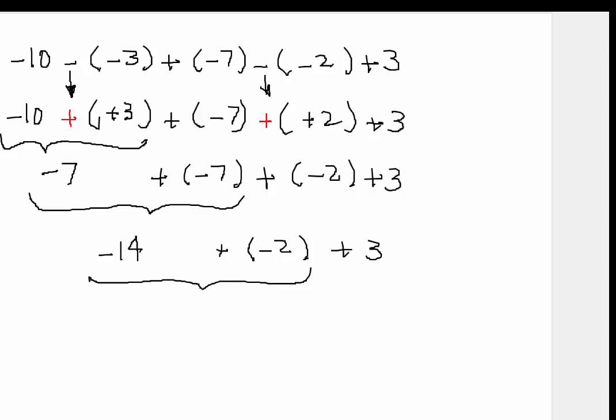Okay, Philly says negative 16. That's absolutely correct. Okay, Casey says you mean plus. Maybe I said it wrong. When I have minus 14 plus minus 2, that gives me minus 16. Is that what you mean, Casey?